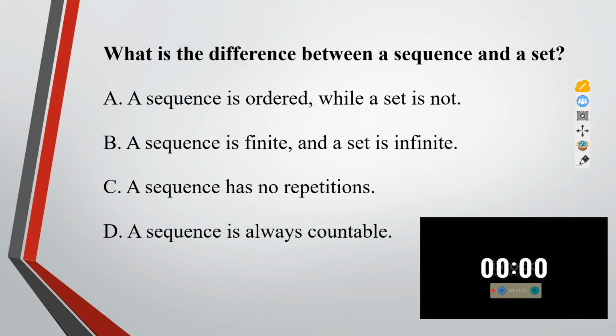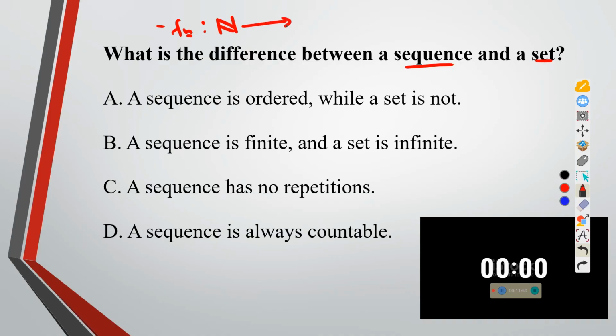What is the difference between a sequence and a set? To distinguish between the two, we need to recall the definitions. A sequence is basically a function, one that takes elements from the domain, which is the set of natural numbers, to the codomain, which can be any given set.